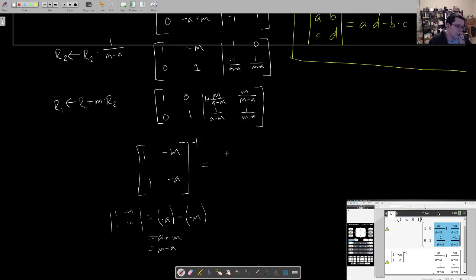So then the inverse is 1 over m minus a times negative a, m, negative 1, 1.